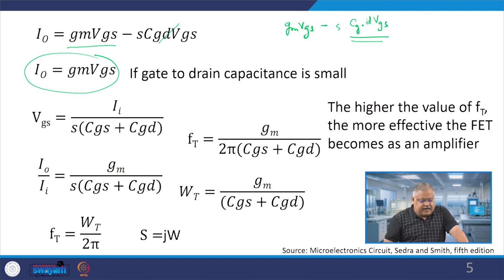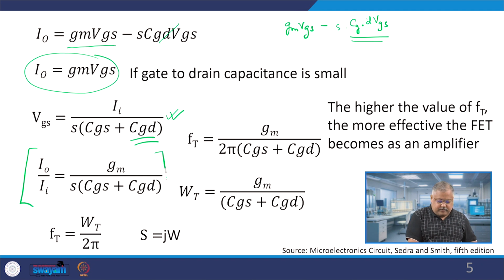Let us look at VGS, which is given by this expression here. I am not deriving it in the class, but VGS is given by input current divided by S times CGS plus CGD. The same rule applies here: if you take CGD equal to 0, the second quantity vanishes, and you are left with input current by S CGS. And the ratio of output to input current is given by Gm divided by S times CGS plus CGD.